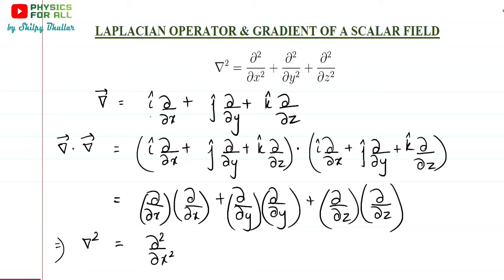Whatever is with i cap is known as the x component, whatever is with j cap is the y component, and whatever is with k cap is the z component. So the dot product of a vector with itself will simply give you a quantity obtained by the summation of squares of all the individual components. So this is what we are going to obtain here.